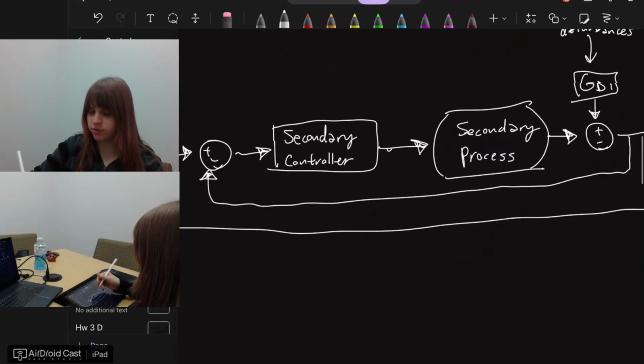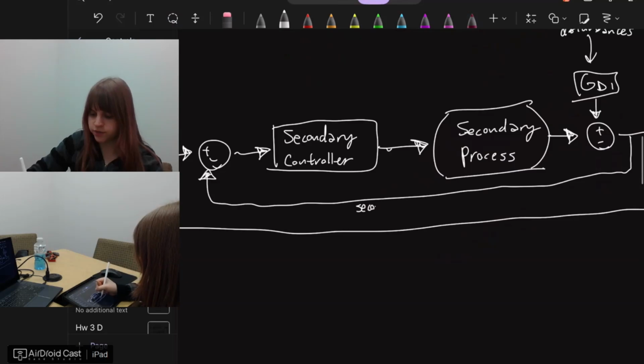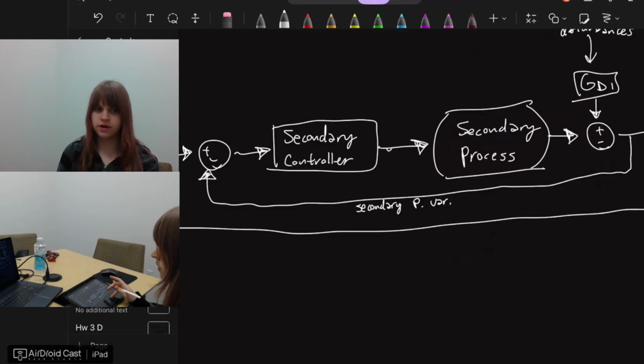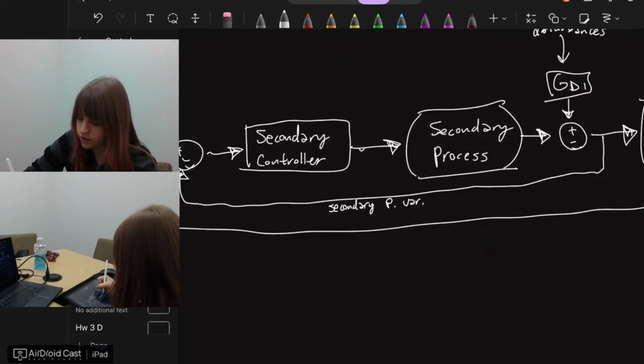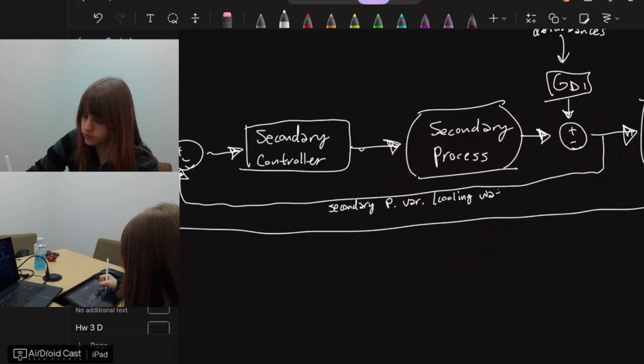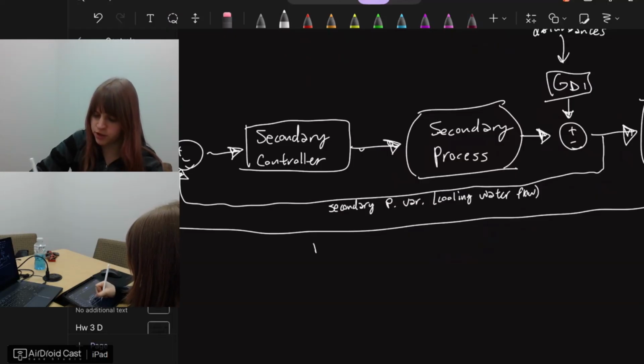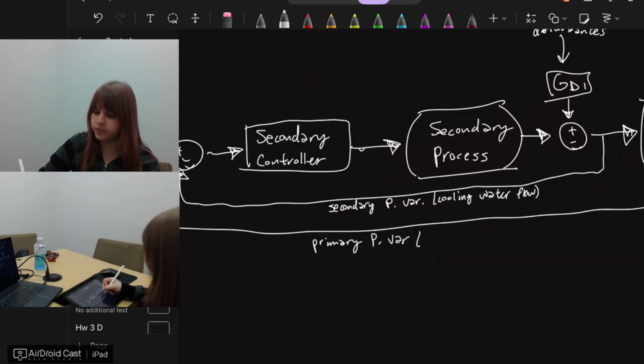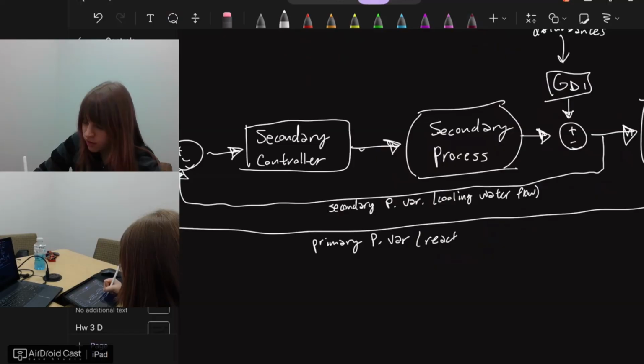So this right here would be our secondary process variable. For example, this could be cooling water flow for our jacketed tank. And this would be our primary process variable. And this would be the reactor temperature itself.